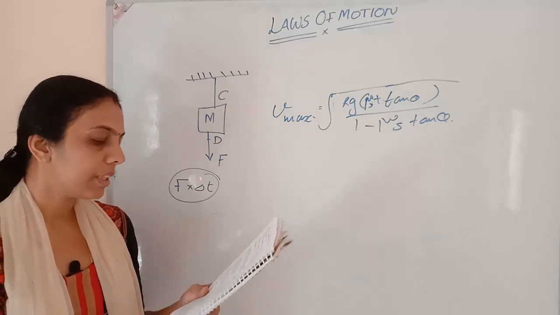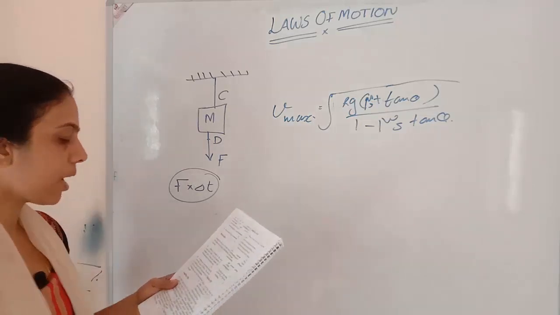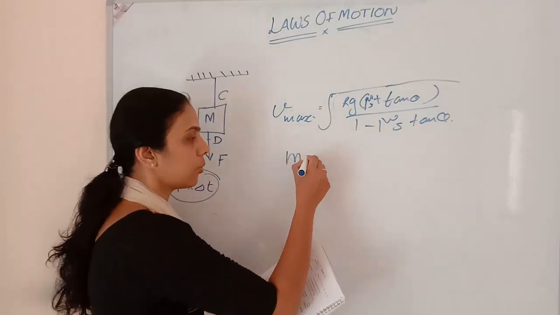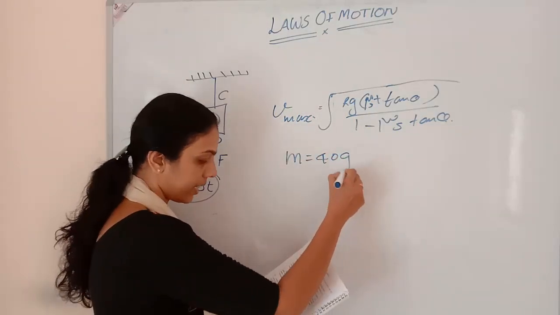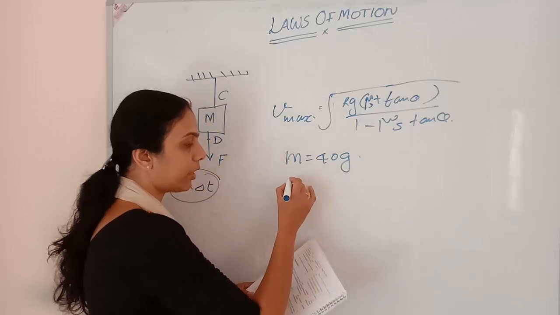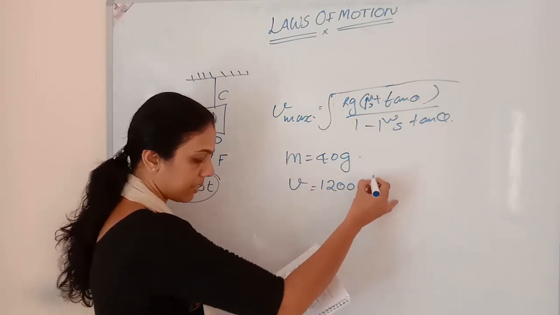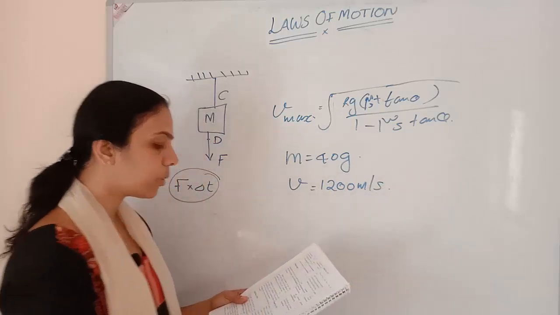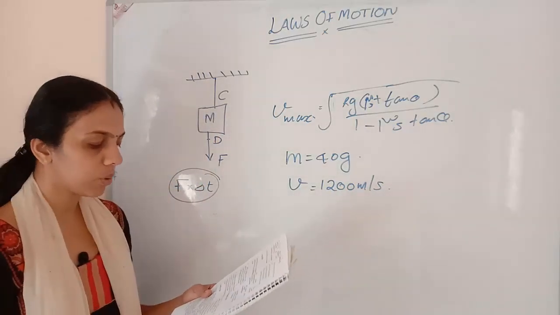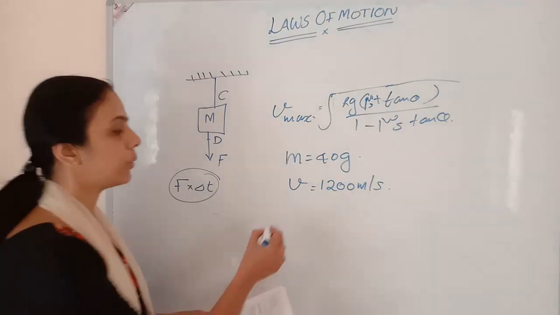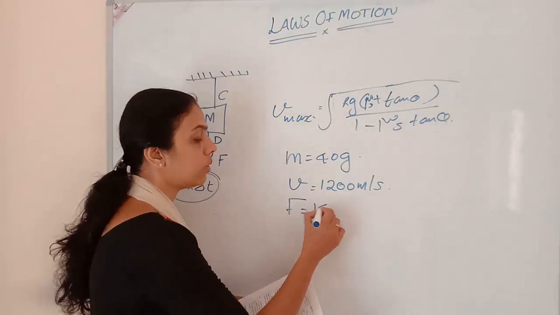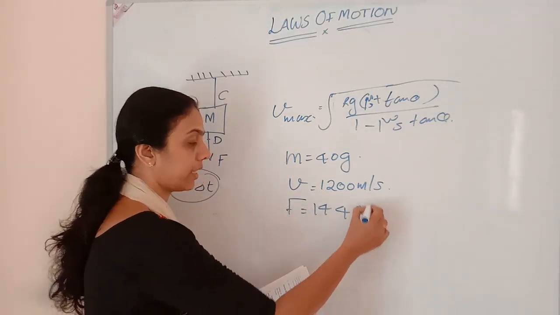A machine gun fires a bullet of mass 40 gram each with a speed of 1200 meter per second. The person can hold the gun with a maximum force of 144 Newton. So force is equal to 144 Newton.